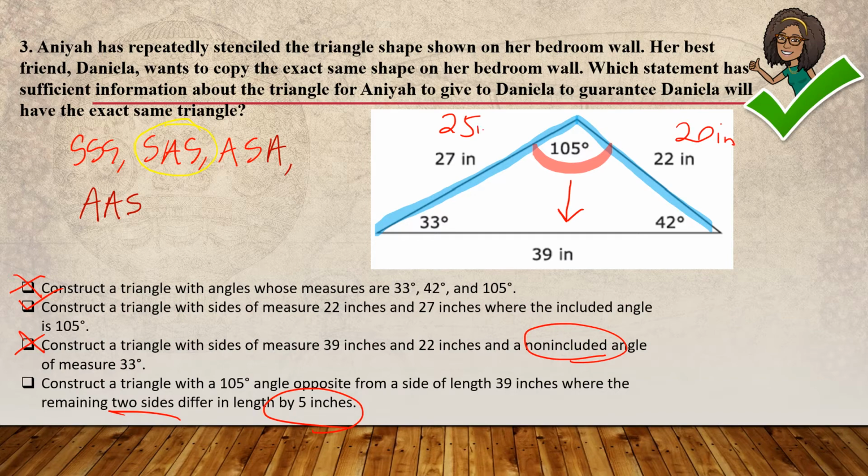Okay, so I just gave you a counterexample that shows that I can draw another triangle with 2 different side lengths, even though we have some information that's true. So we know that that one's incorrect. So the one that we know for sure is going to provide us with a congruent triangle is this second statement here, where I have 2 sides and an included angle of the measure of the original triangle.